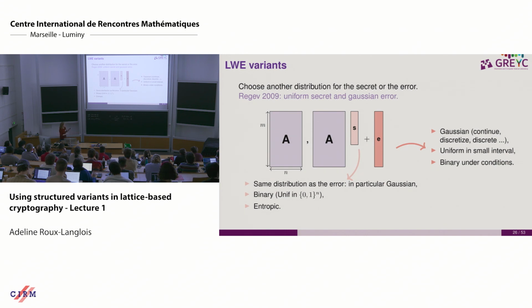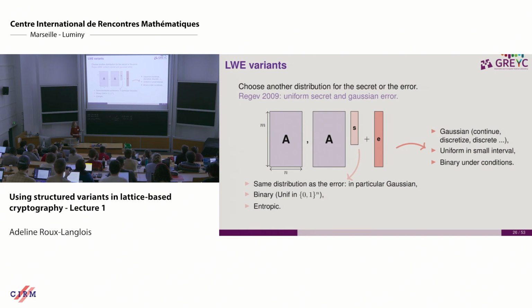But you can also say, okay, I just need a small error. So I don't need it to be Gaussian. I can have it uniform in a small interval. It also works. It's a bit more complicated with binary errors because it will not work for any condition. I mean, if you have binary error, you see that for a few samples it will be fine, but if I give you too many samples, binary means half of them will be with no error.